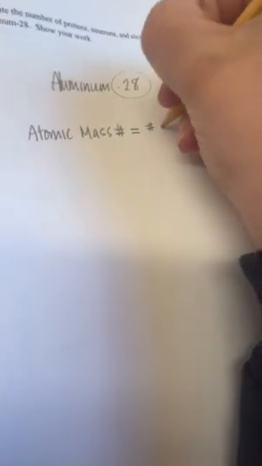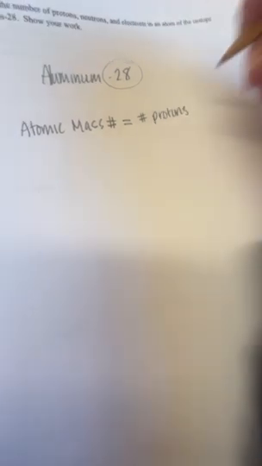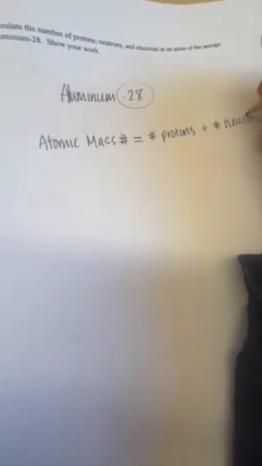To figure out how many of each type of subatomic particle we have within this atom, we have to solve this equation, which is atomic mass equals number of protons plus the number of neutrons.